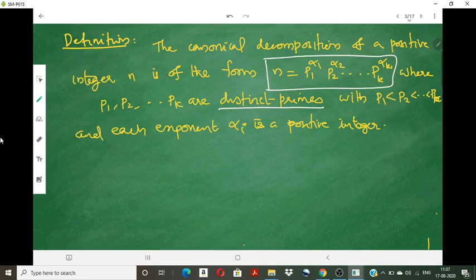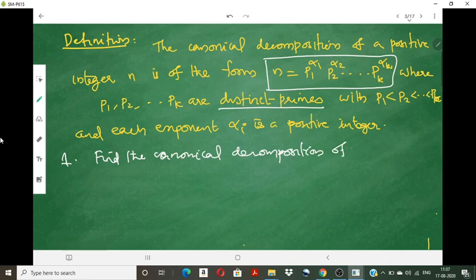Now we will see some problems. Example 1. Find the canonical decomposition of the number 2520.